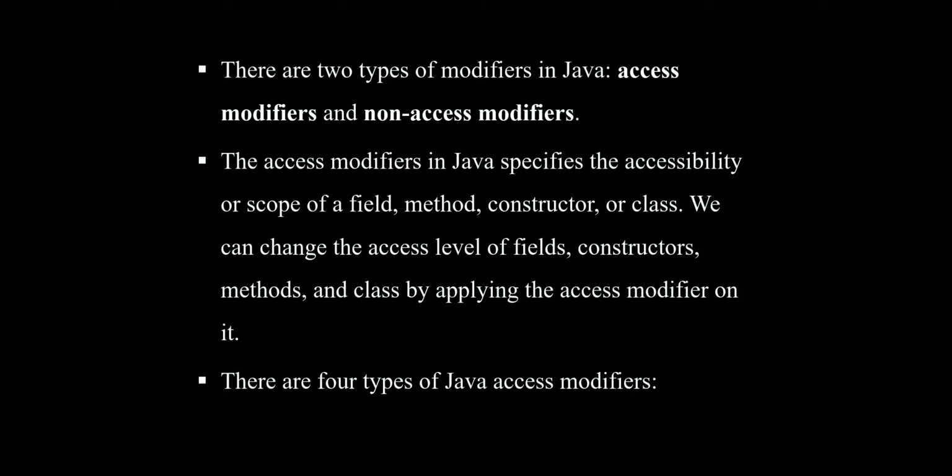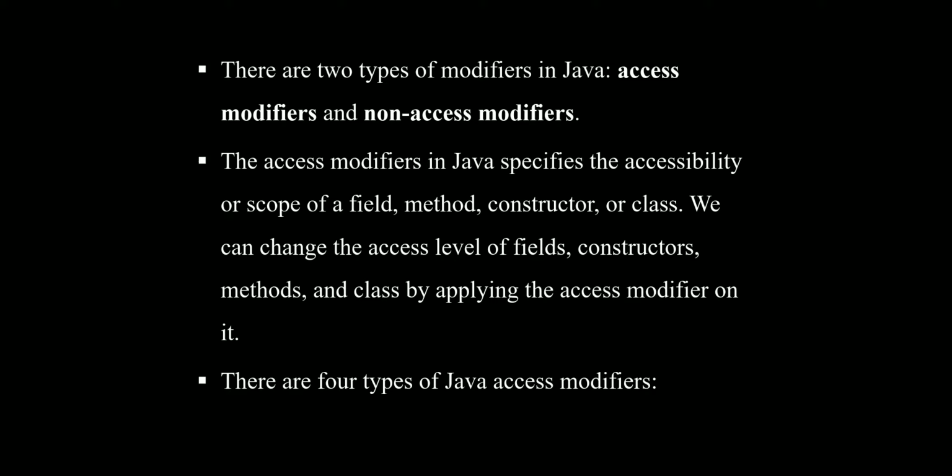The access modifiers in Java specify the accessibility or scope of the field, method, constructor or the class. We can change the access level of fields, constructors, methods and classes by applying the access modifiers on them.